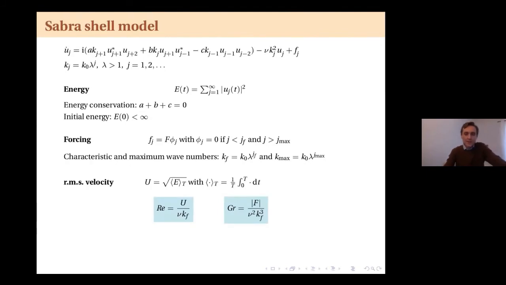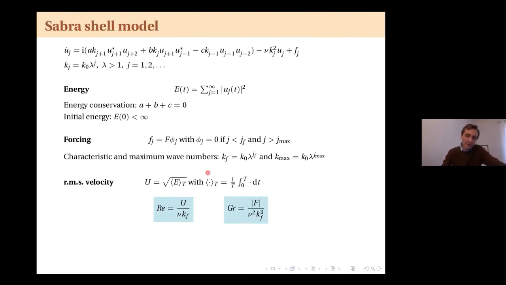Let me say that under these assumptions, as shown in the paper of Constantin, Levant, and Titi, the UJs decay exponentially fast. Therefore, all the manipulations I'm going to make are completely safe from the mathematical point of view.